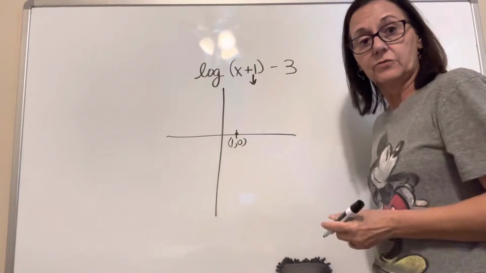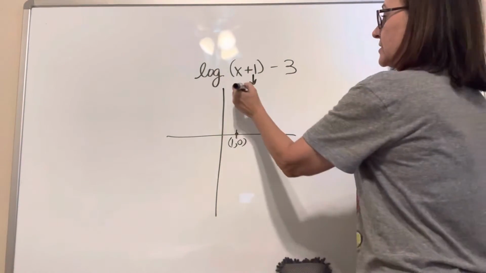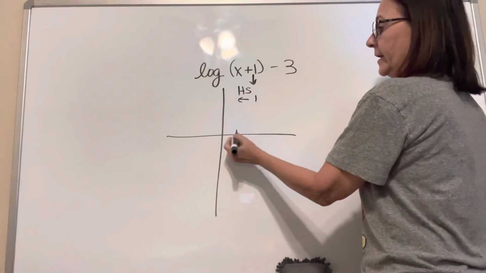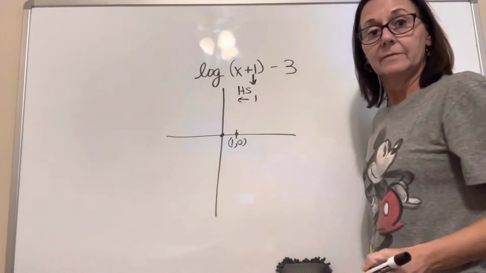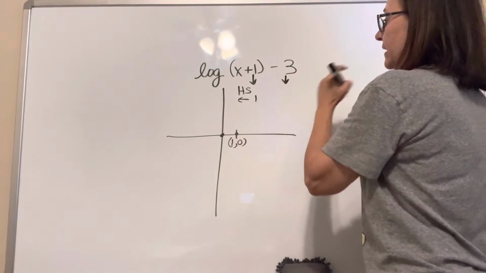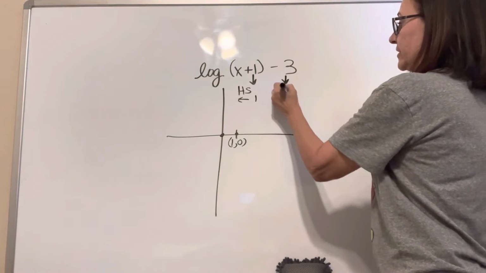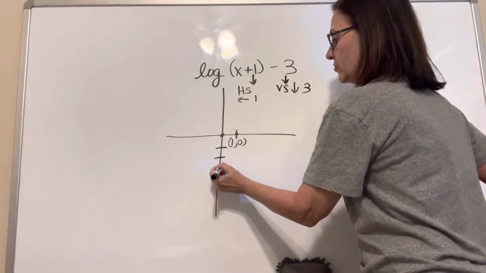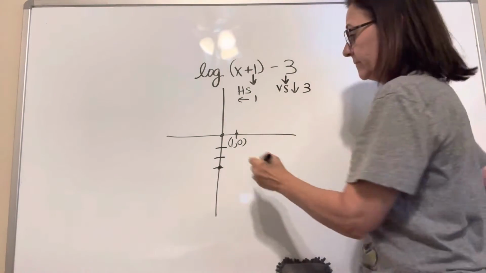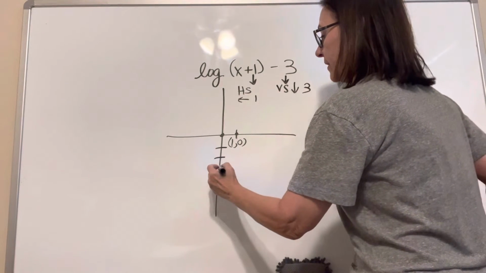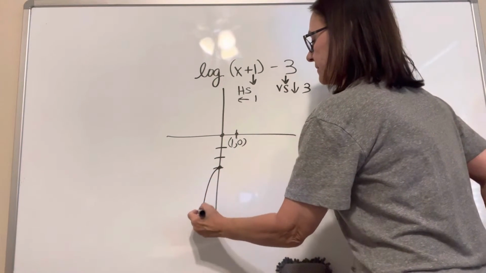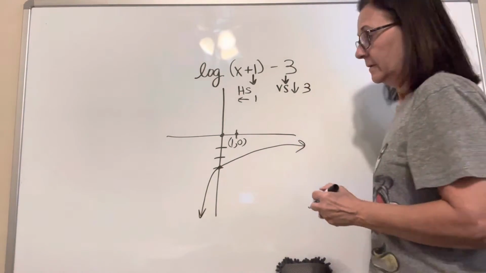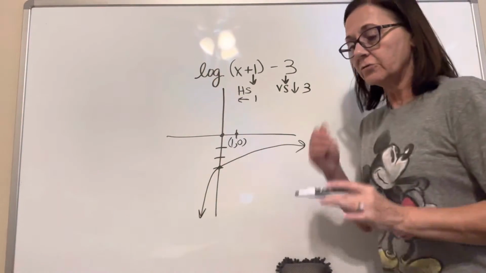This is a horizontal shift, but it's the opposite. So it's a horizontal shift left by 1. So from here, I'm going to move it here. This is a vertical shift down by 3. So I move it down by 3. So that now it looks like this and this.